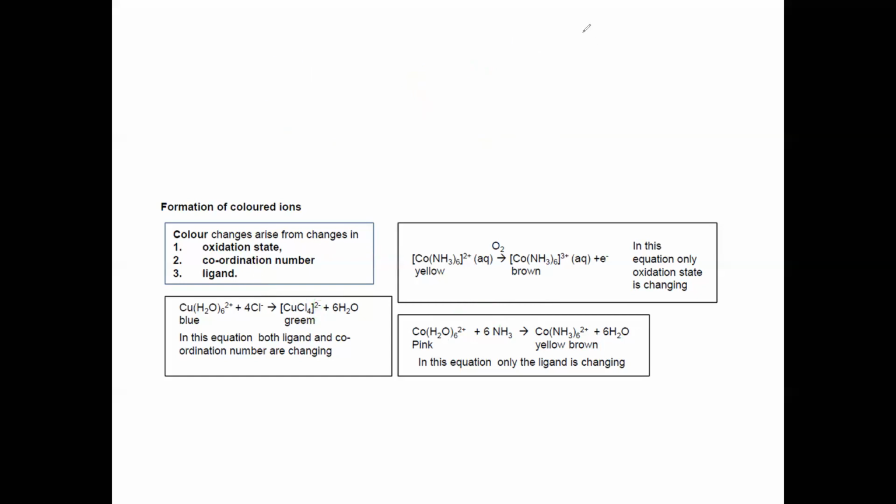So these are the examples: if the oxidation number changes, if the coordination number changes, or if the ligand changes, there will be a color change, or we'll observe that the color of the substance has changed. Is it clear? These are the 3 you have to copy as well.